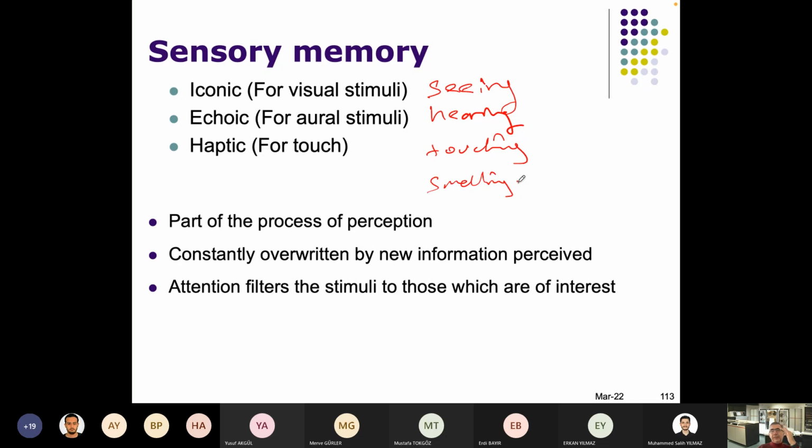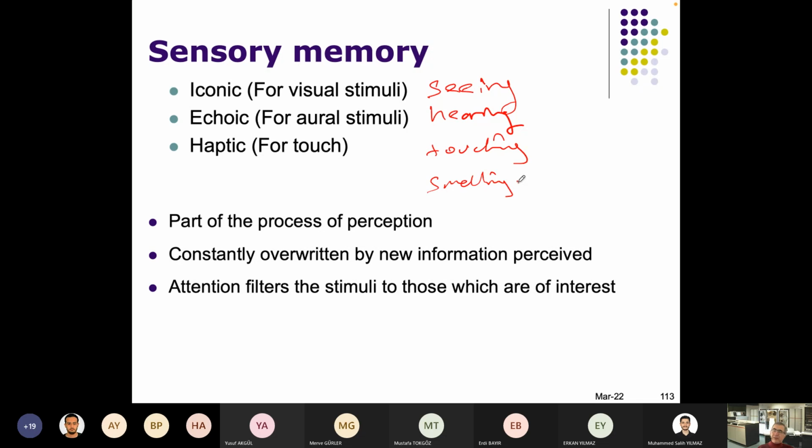is processed, and before it gets processed, it is taken by the sensory memory to be taken to further stages.